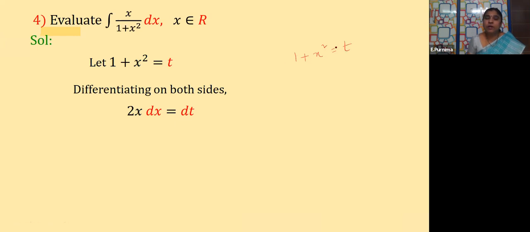When you are differentiating on both sides with respect to x, because x is our variable, the constant is 0 only, and the x square, if you differentiate, we get 2x is equal to, when you differentiate t with respect to x, dt by dx. Yes or not? So this dx will go to the other side. It becomes now 2x dx is equal to dt by dx.